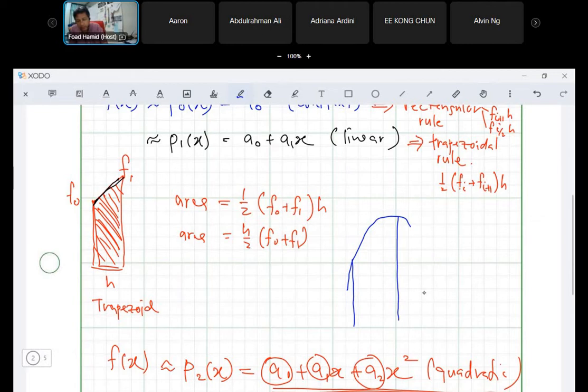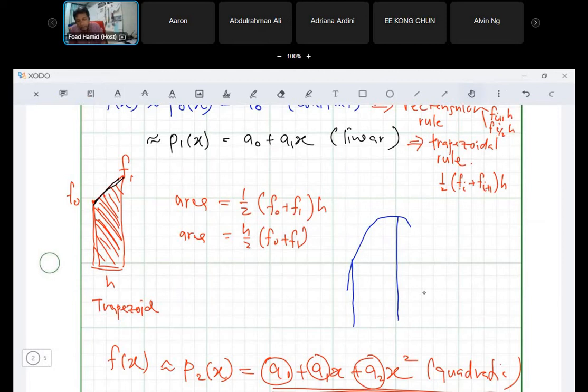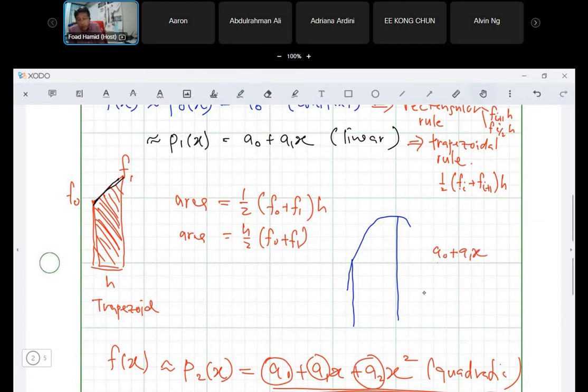Instead of using a constant, just like the rectangular rule, we use 2 points. That is a0 plus a1 x. There are two unknowns here, a0 and a1, which means we need 2 points. If you solve this, you can see that this is just your straight line, mx plus c. So we approximate the curve as a straight line.